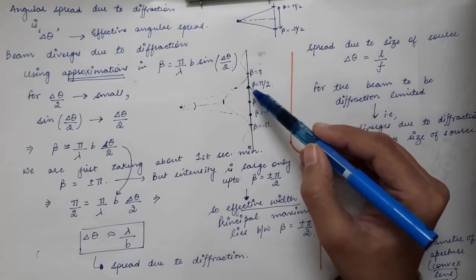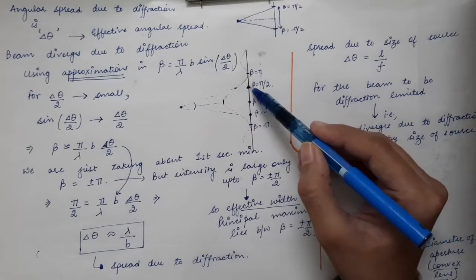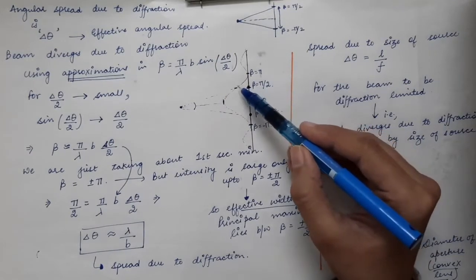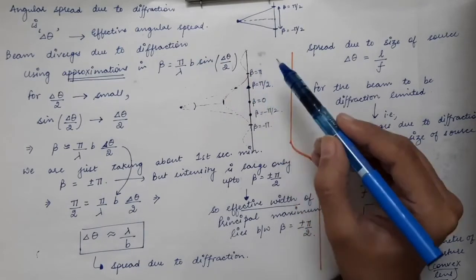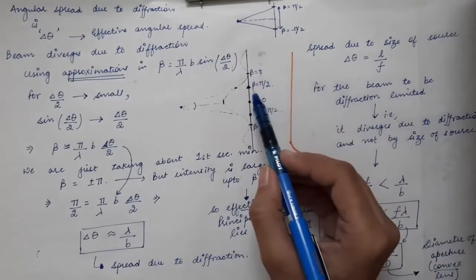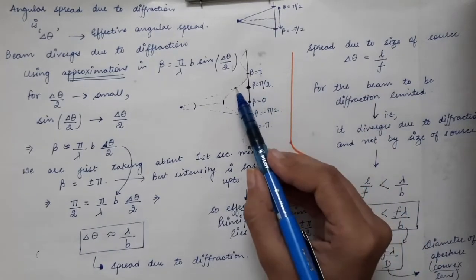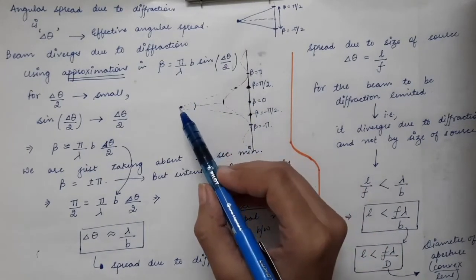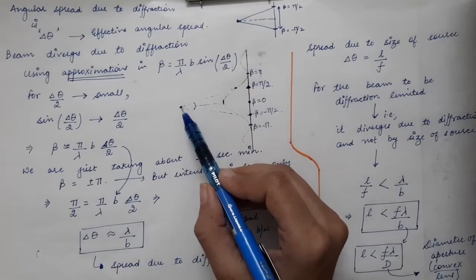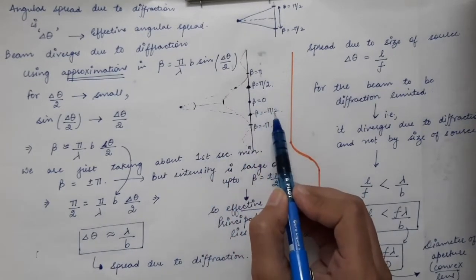So we can say that only up to beta is equal to pi by 2, the intensity is large enough, and after that the intensity drops to 0. So we are going to consider only these 2 points on the screen where the intensity is large enough. So we can say that the beam gets diffracted effectively up to beta is equal to plus minus pi by 2.